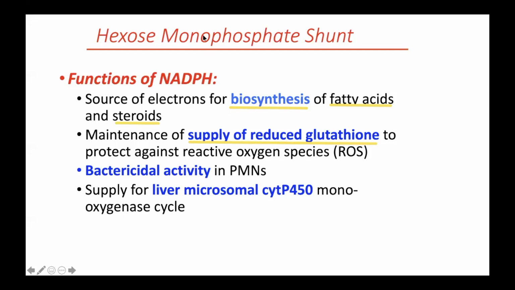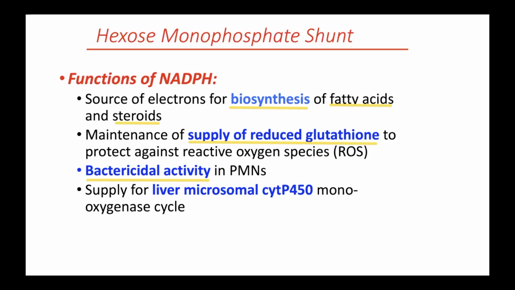Next function of NADPH is it helps facilitate the bactericidal activity of the polymorphonuclears or the neutrophils. That is why patients with a deficiency of NADPH would have recurrent pyogenic infections. The other function of NADPH is to supply the liver with the microsomal cytochrome P450 enzymes.